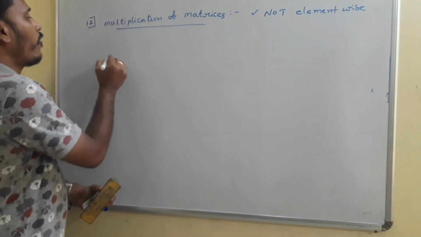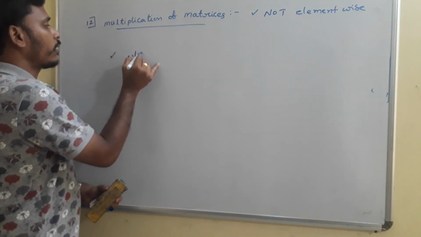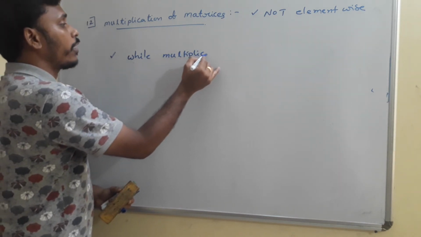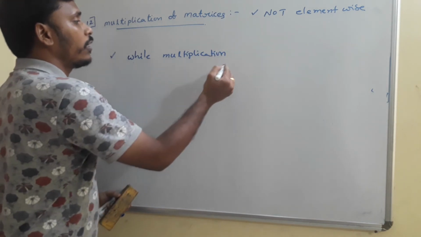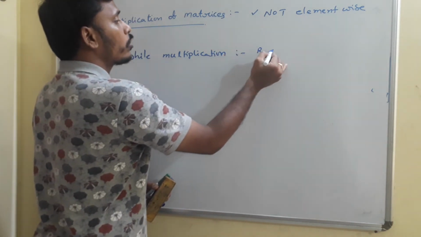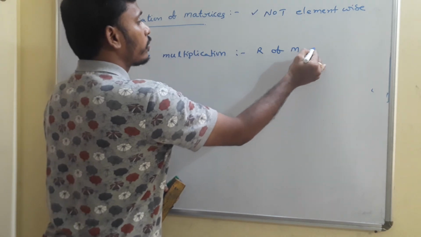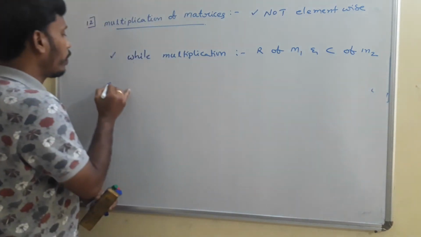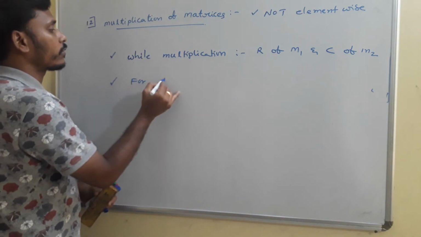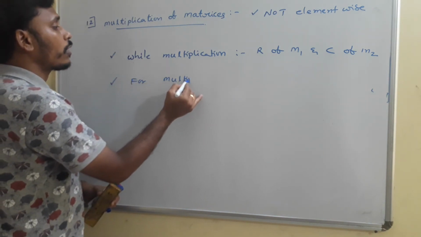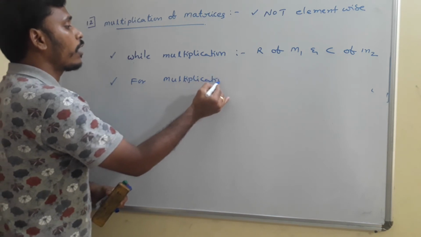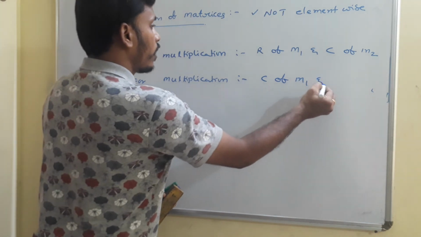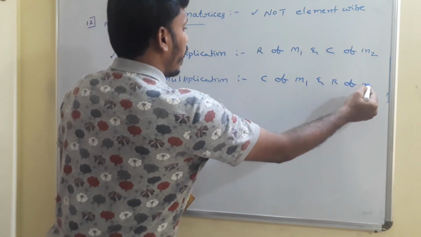While multiplication, in the sense, if you start the process of multiplication, you need to think about rows of matrix 1 and columns of matrix 2. But for multiplication, see, first of all you need to check whether that multiplication is possible or not. For multiplication you need to think about columns of matrix 1 and rows of matrix 2.